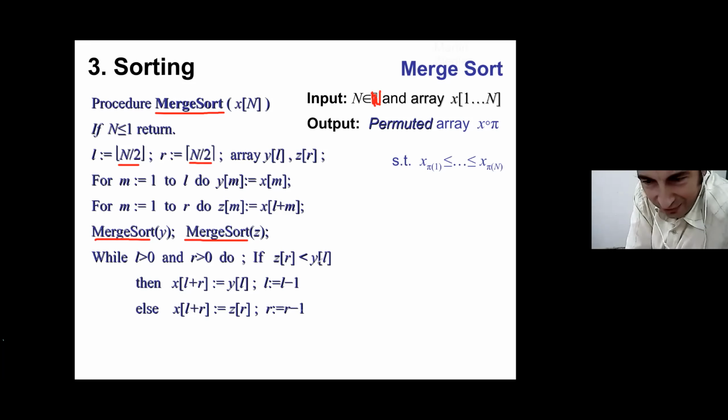If ZR is smaller, then YL is bigger, and the element YL is copied into X, and if ZR is bigger, then ZR is copied into X. Then you decrease the index of the piece where you copied something by 1. So you always copy elements from the right to the left, but you always choose the bigger among the two.